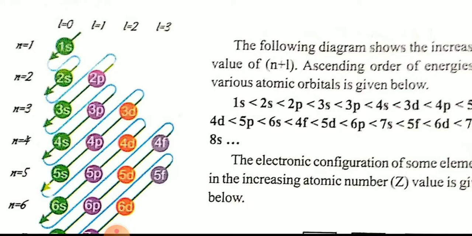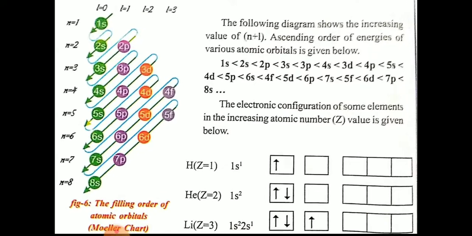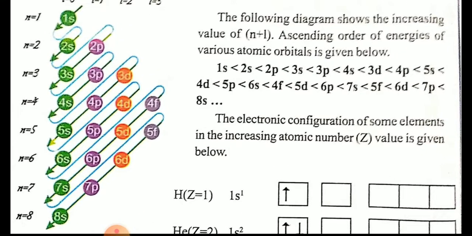So the electron enters first into 4s. After filling up the 4s, only then do the electrons go into the 3d. Now by this you can understand that the energy levels are in the increasing order of 1s, 2s, 2p, 3s, 3p, 4s, 3d, 4p, 5s and so on.